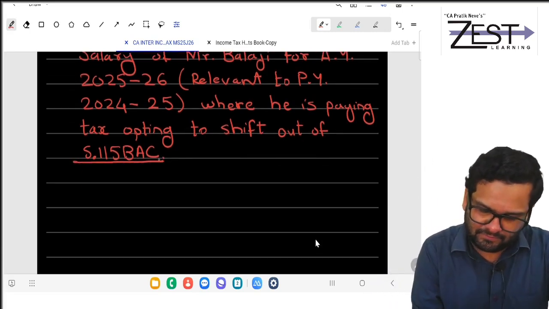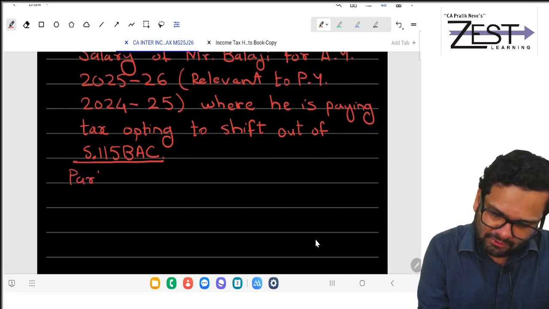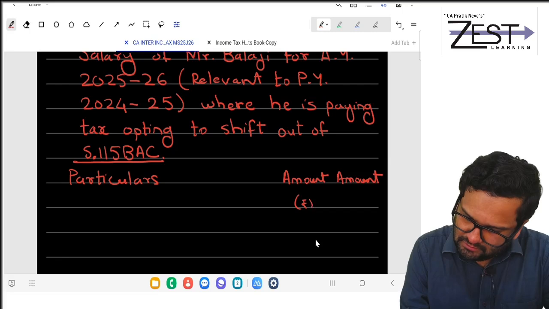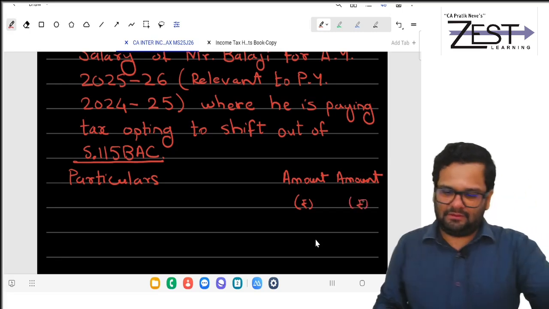Particulars, if possible, make 2 amount columns. Figures in rupees.